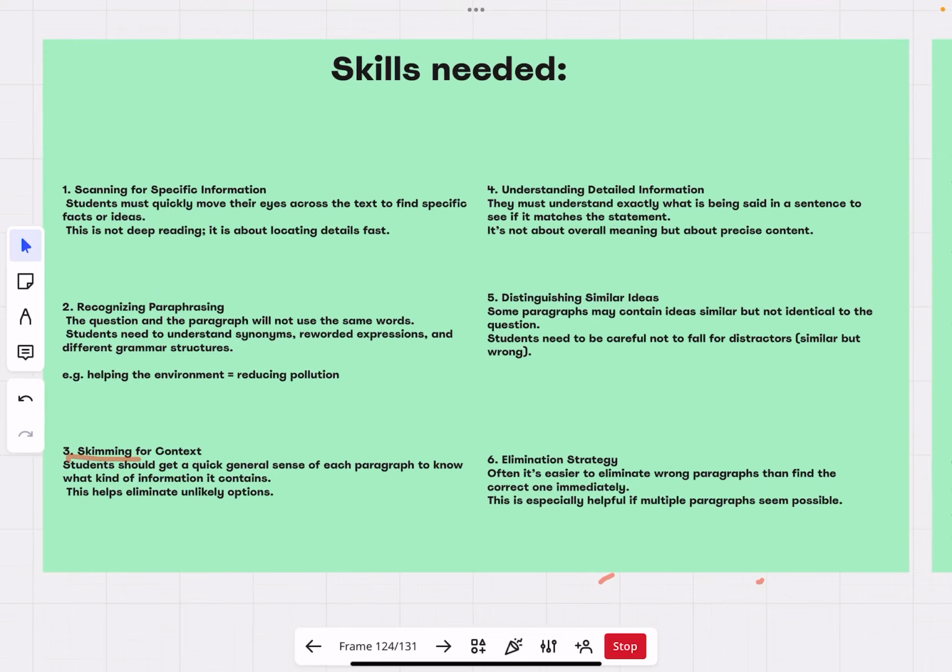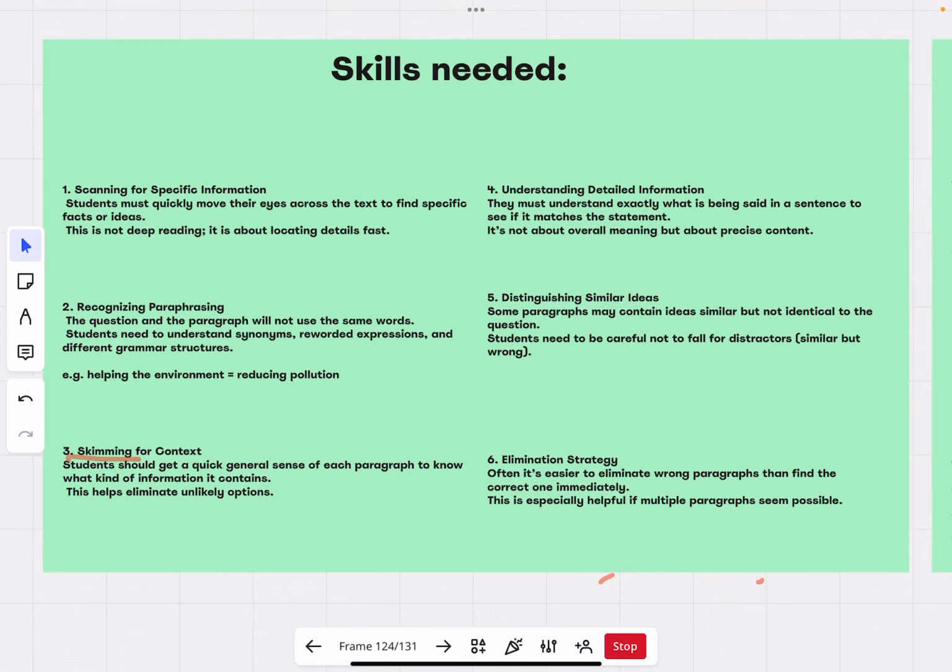After skimming for context and finding the location, you need to find the detailed information and read and understand everything. For this, you need a good range of vocabulary. It's very important. The fifth one is distinguishing similar ideas. Sometimes IELTS tricks you and gives similar ideas, but similar is not the same.